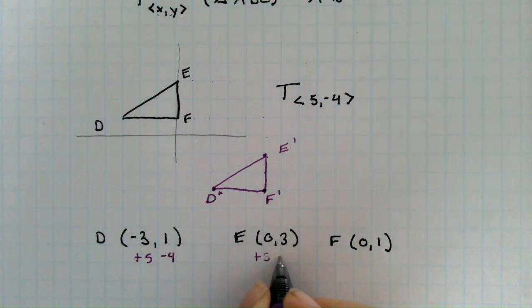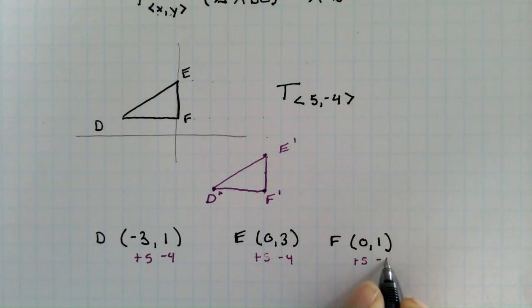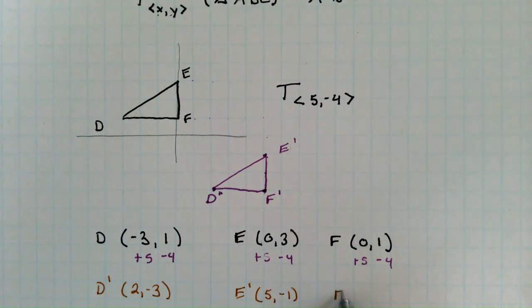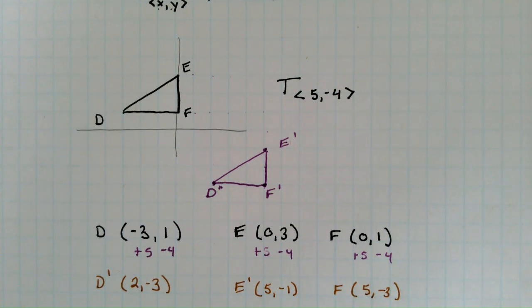So adding 5, subtracting 4, adding 5, subtracting 4. So that means our image is going to be at 2, negative 3, 5, negative 1, and 5, negative 3. So we can do it that way as well.